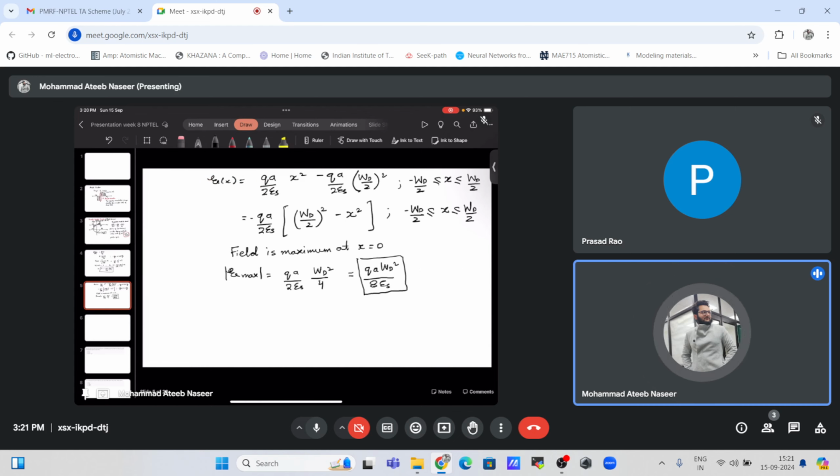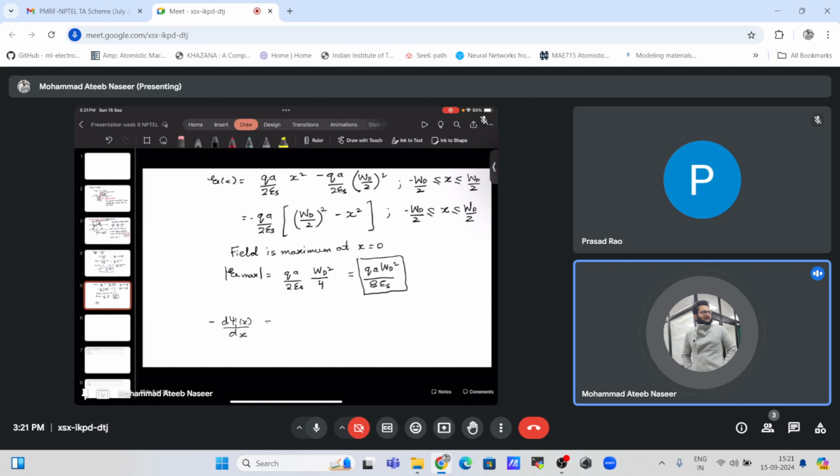Now from the field we can calculate the potential variation within this linearly graded junction. If I now solve for the potential, the field is simply minus d psi of x by dx.